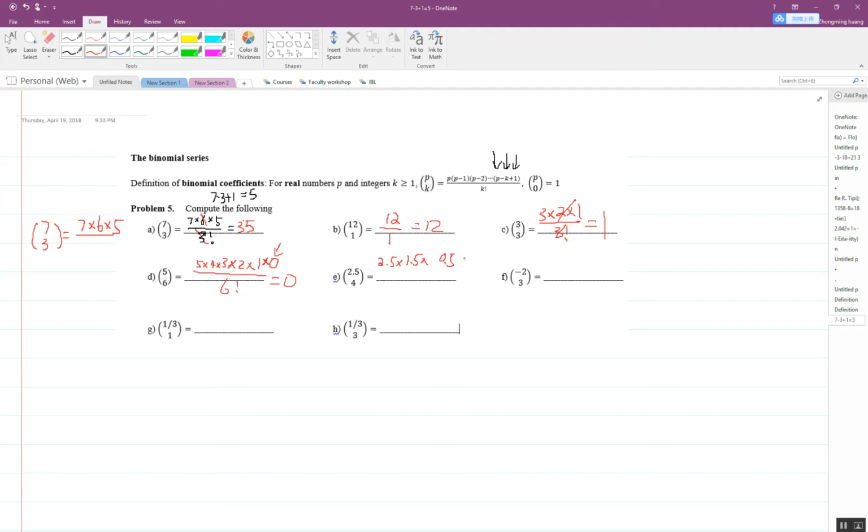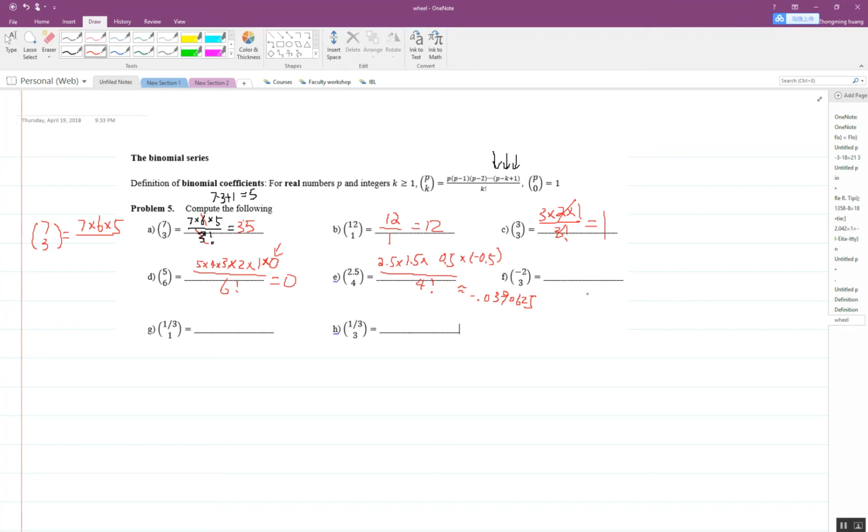And then keep multiplying, so subtract 1 again, negative 0.5, divided by 4 factorial. So if you do the algebra, it's about negative 0.0390625. Okay, so that's different from what we have done in A, B, C.